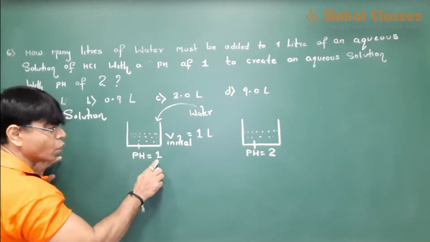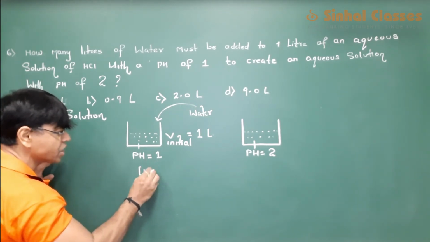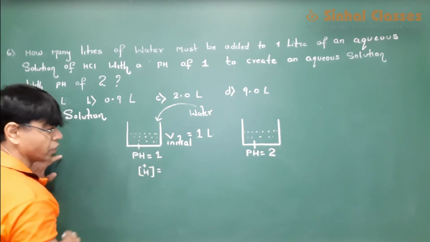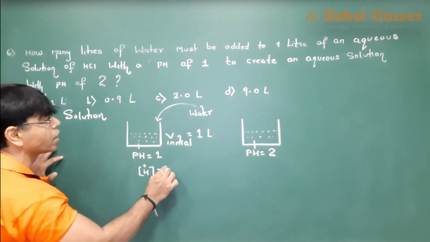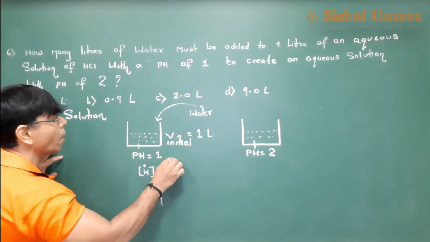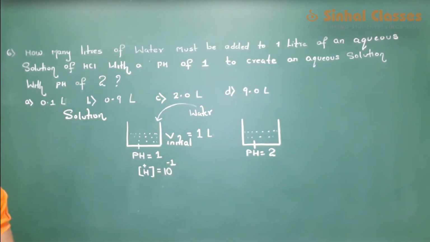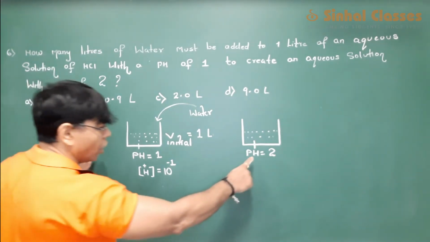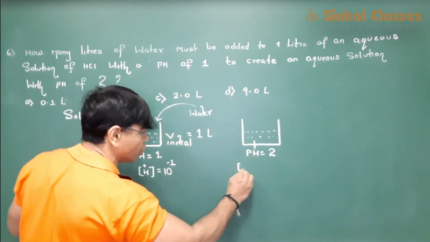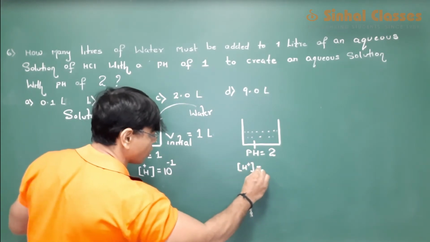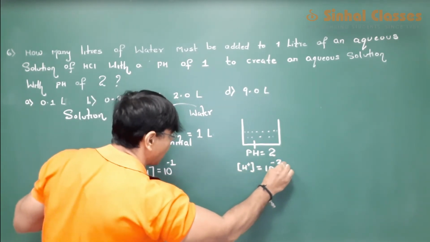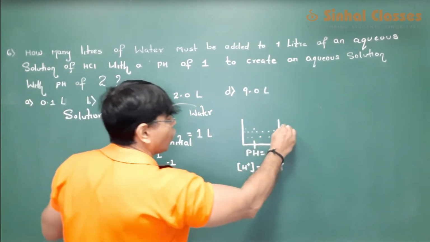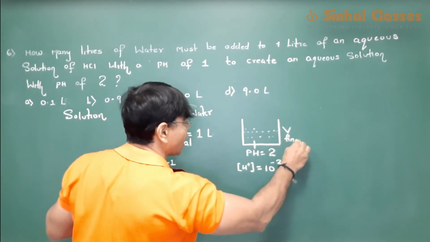When I say pH 1, it means the initial H plus concentration will be 10 raised to minus 1. Now I want to convert into pH 2, that means H plus concentration is 10 raised to minus 2. And we don't know, after adding this water, what is the final volume.